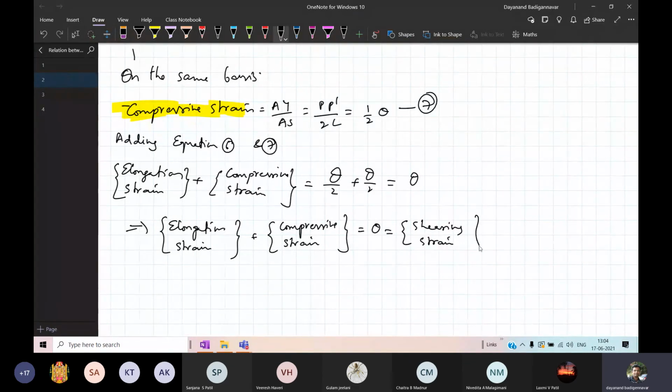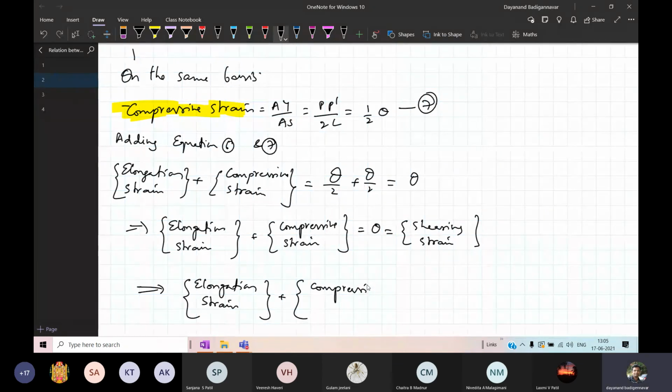So finally, what is the relation between them? The relation is the sum of elongation strain plus the compressive strain. Students, are you there? Yes. I know it's very lengthy, I cannot help you.